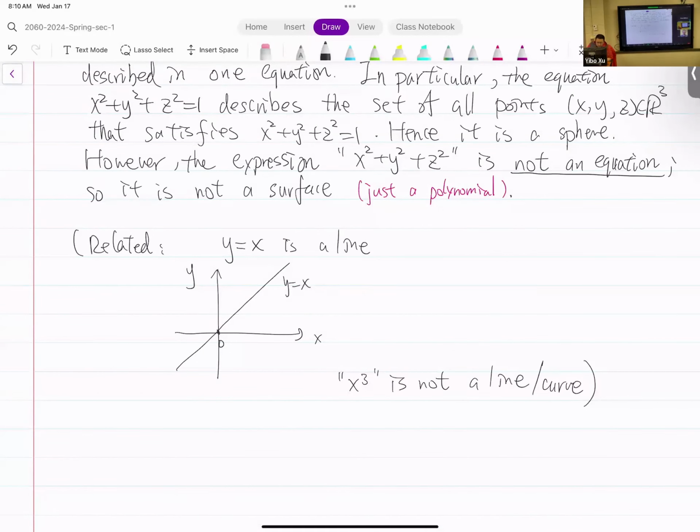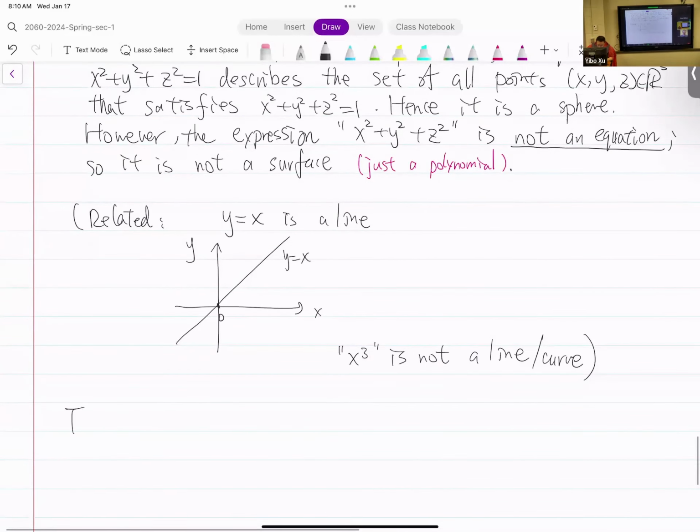So now question 2, we have now 2 equations. What does that define? For x squared plus y squared equals 1, and at the same time, z equals 3 in 3D. So this is actually not so difficult to sketch.